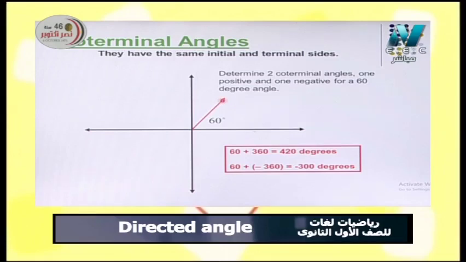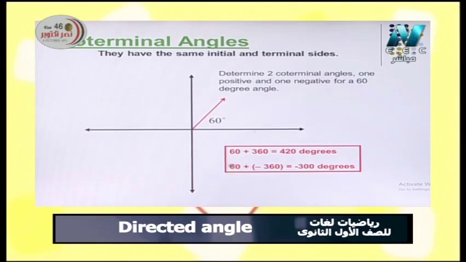What do we do to find two coterminal angles to 60, one positive and one negative? To 60 we add 360, so the answer will be 420 degrees. The angle of measure 420 degrees is equivalent to 60 degrees because it turned another complete round and returned back to the terminal side.